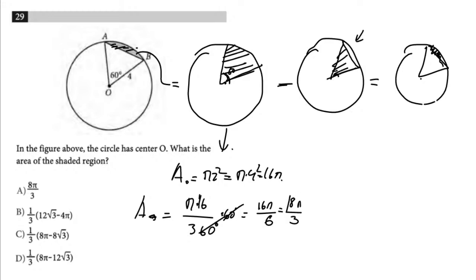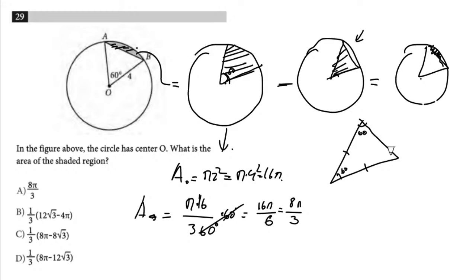Okay, we found the first part, this. Now we need to find the area of this triangle. Okay, what we have is this, this, this, and this is our 60. So these are radii, so it's an isosceles triangle.